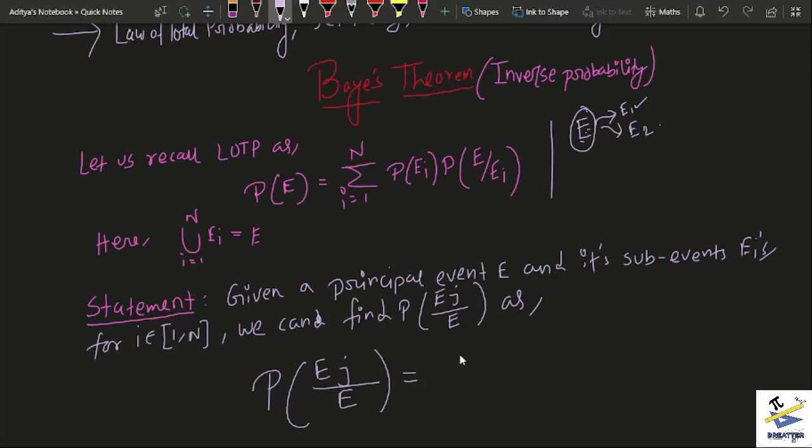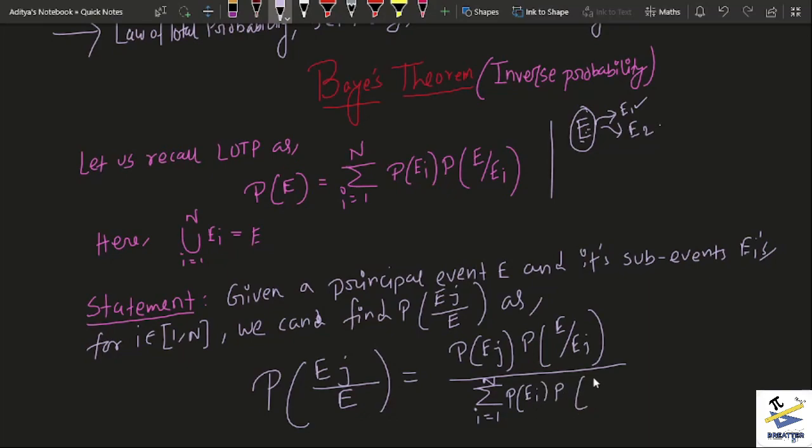This is given as Ei, right? So this is how we find the probability of an inverse one, right?